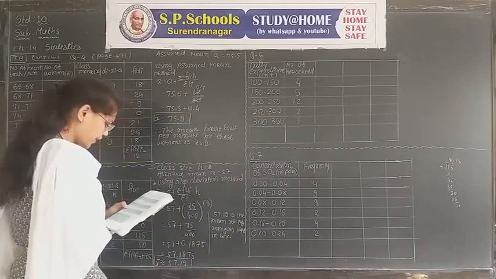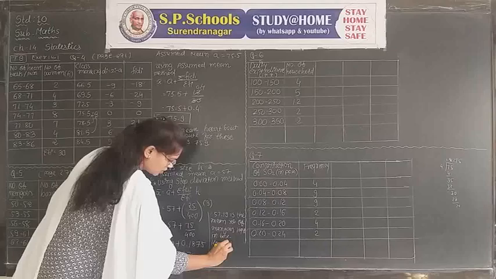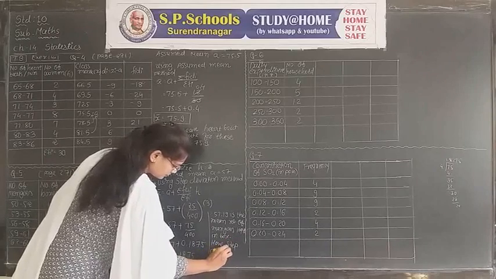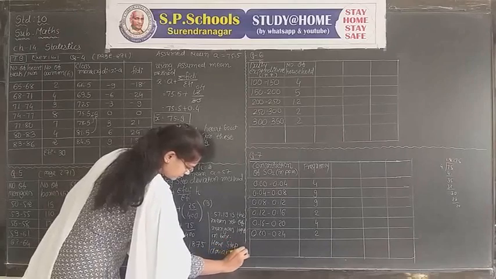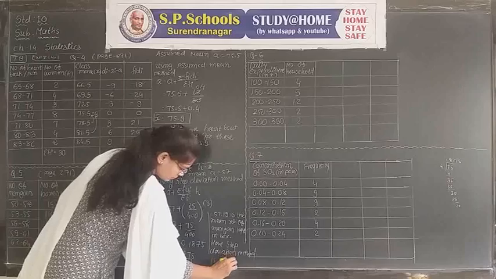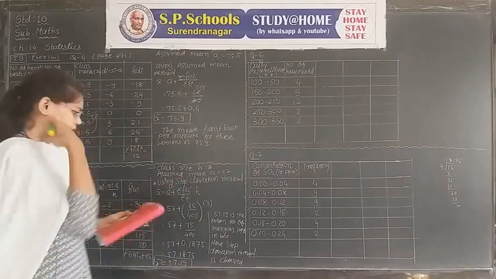Which method of finding the mean did you choose here? Step deviation method is chosen. Okay. Hence our fifth number is completed.